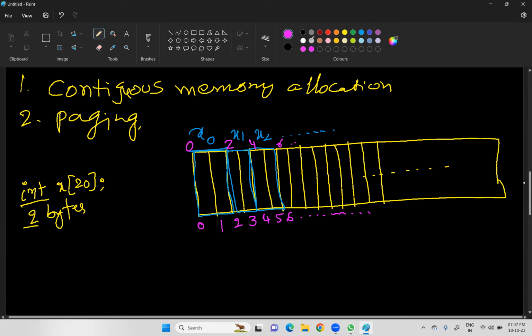In this way, addresses are considered here. Now you can understand that address 1 does not exist when the array was allocated. Address 3 was not considered or did not exist when the array was allocated, and so on. So this allocation is called contiguous.